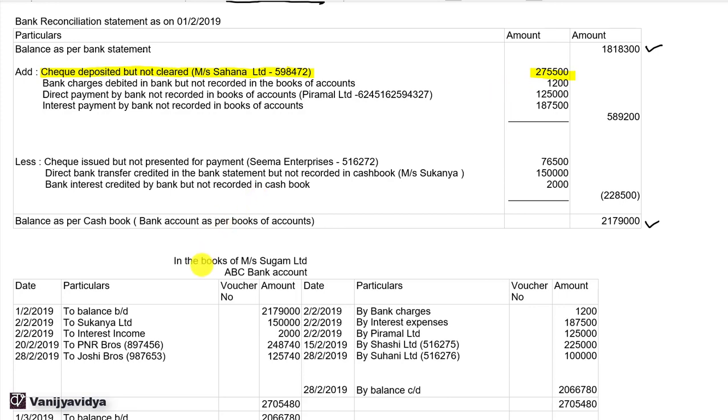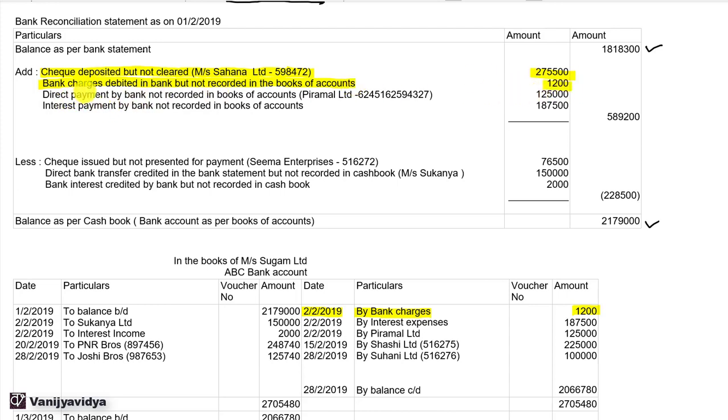So this is a bank account as per books. So in the month of Feb, bank charges. Let's see on the credit side. So credit side we have an entry of 1200 bank charges on 2nd Feb 2019. So let's mark this. This item is also reconciled. Let's mark it in the bank reconciliation statement.